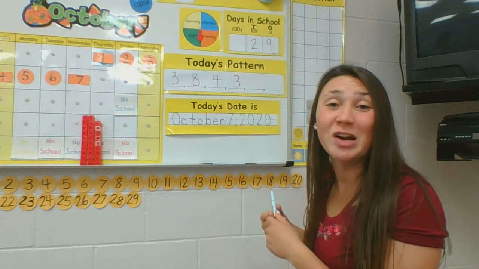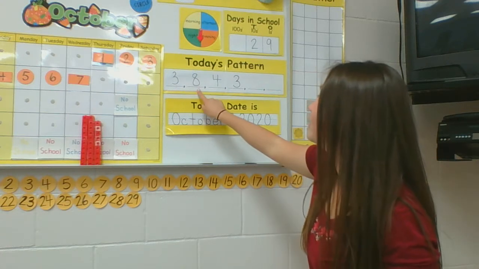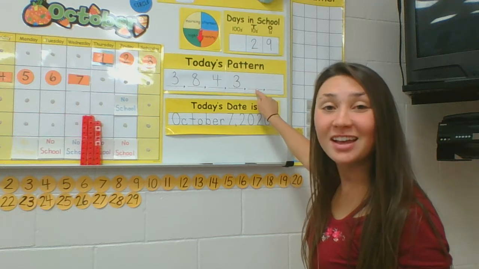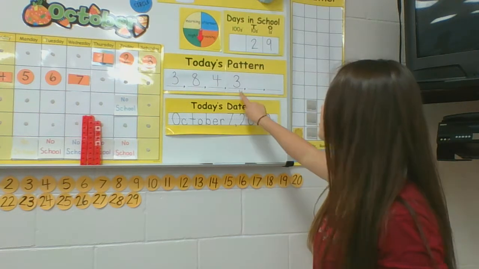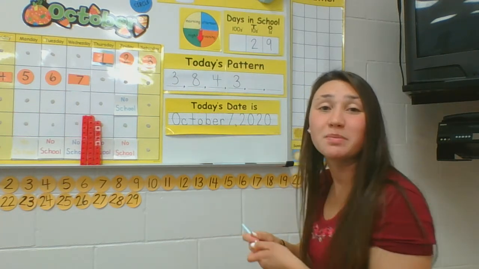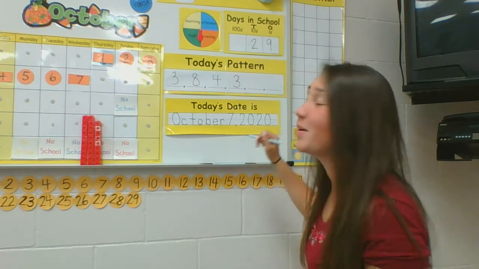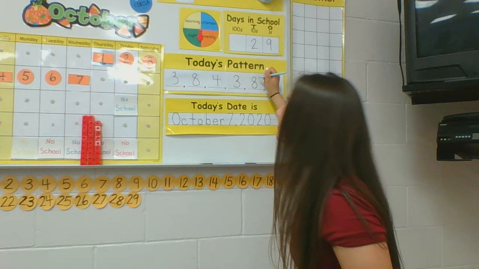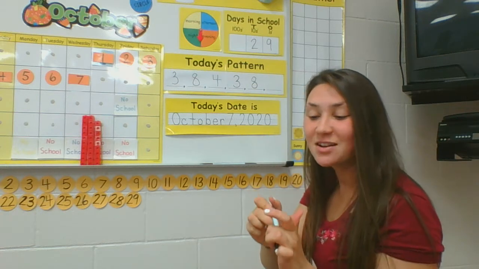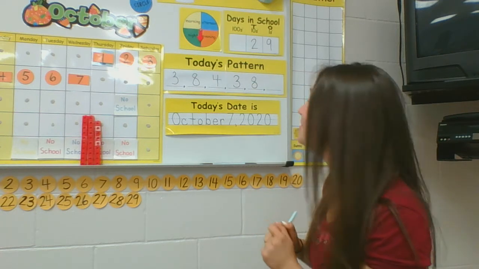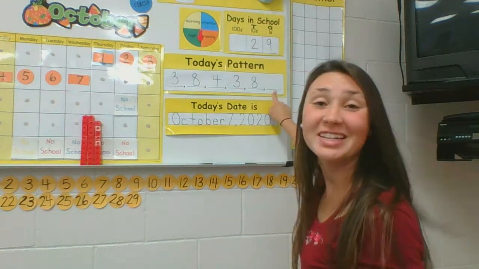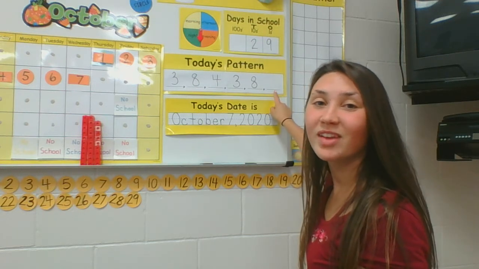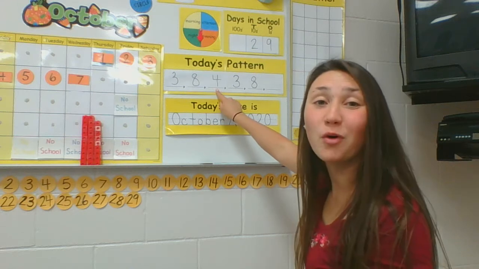What comes next in our pattern? It's going to be an 8, right? After the 3 comes an 8. So to make a crazy 8, you make an S and go back home. Just like that. And for our last number in our pattern, what is the last number? Yep, it's going to be a 4.